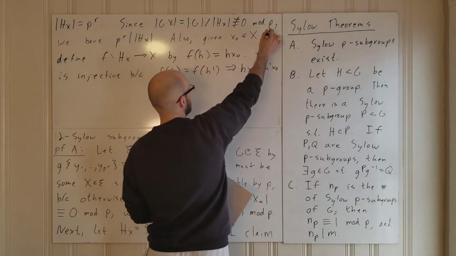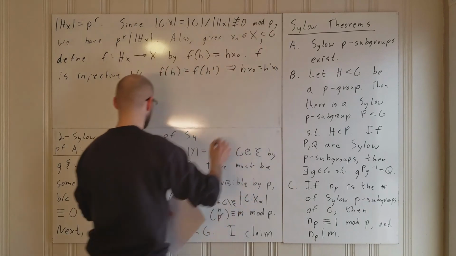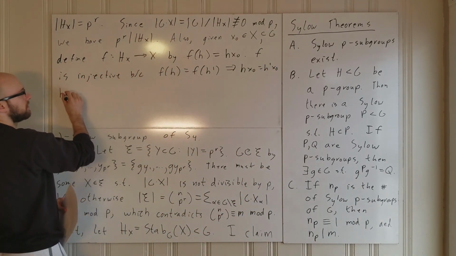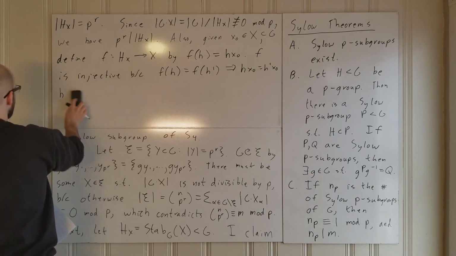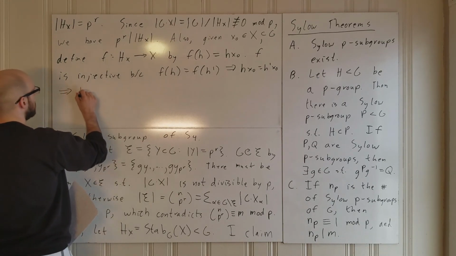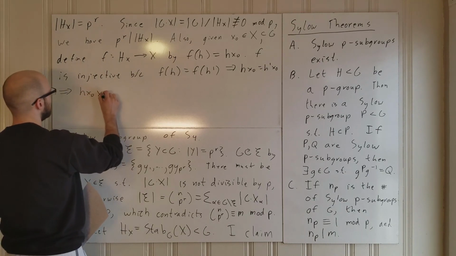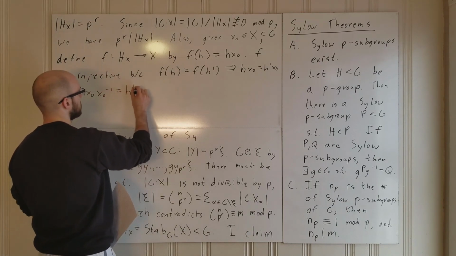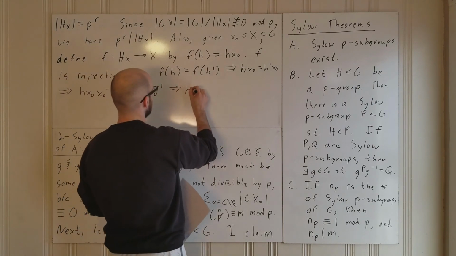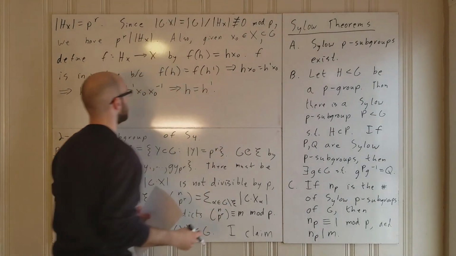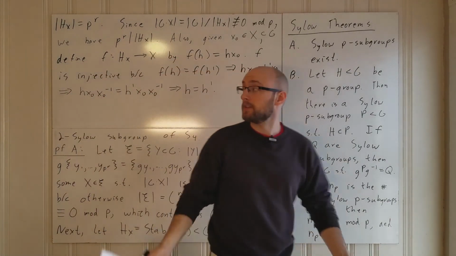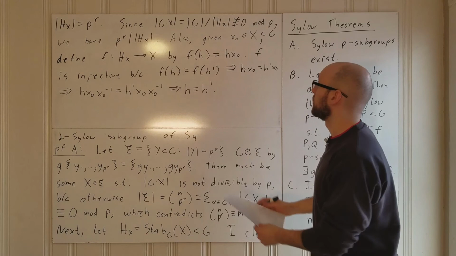Yeah, so this is X a subset of G. Not a subgroup of G, but a subset of G. So anyways, what we can do there is we know that x naught has an inverse, and so we can just multiply by that inverse. Just cancellation. And so then we get h equals h prime. Okay, and that's exactly what you need to prove if you want to prove that a map is injective. And so f is injective.